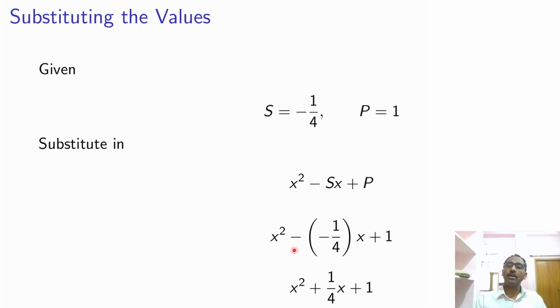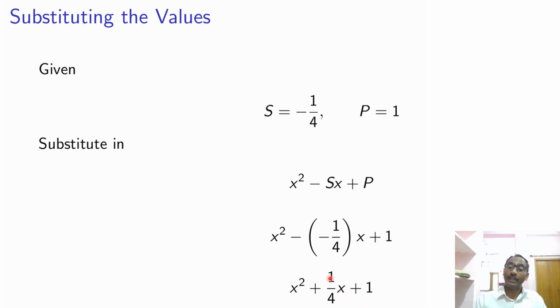So x square minus of minus 1 by 4 times x plus 1. This implies x square minus of minus, so you get plus 1 by 4 times x plus 1. So x square plus 1 by 4 x plus 1. This is the required polynomial.